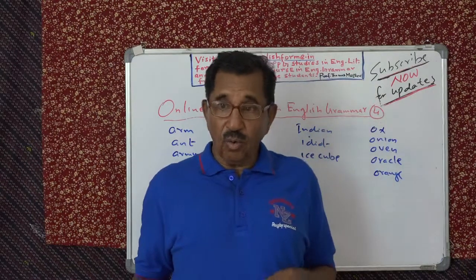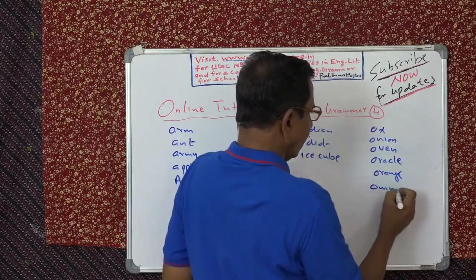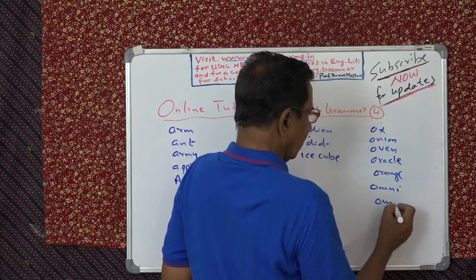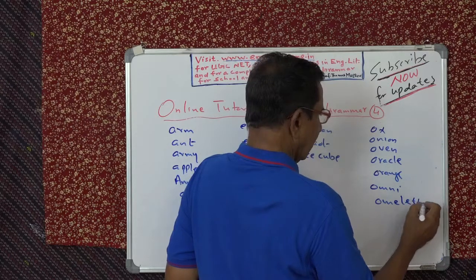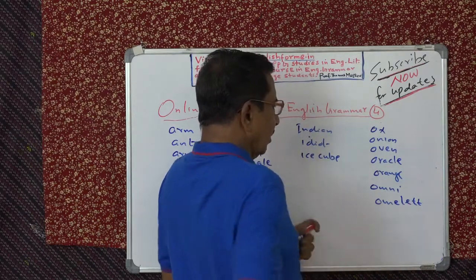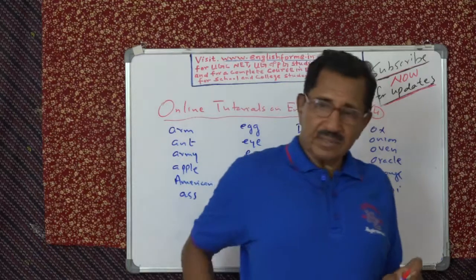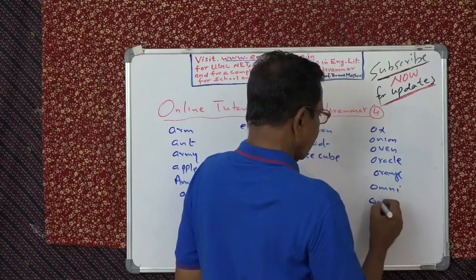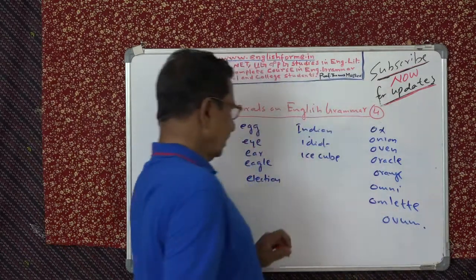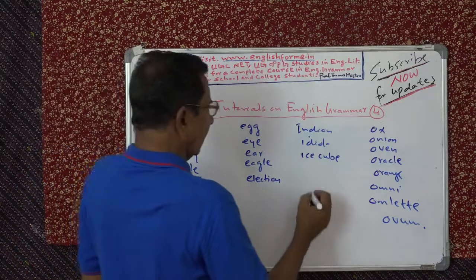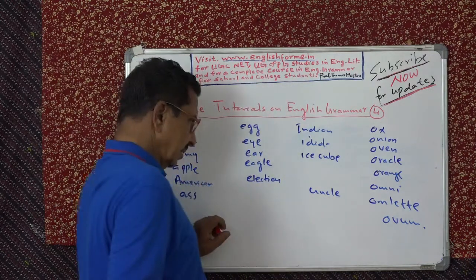Then you have words like omelette, ovum, etc. And further you have uncle and umbrella.